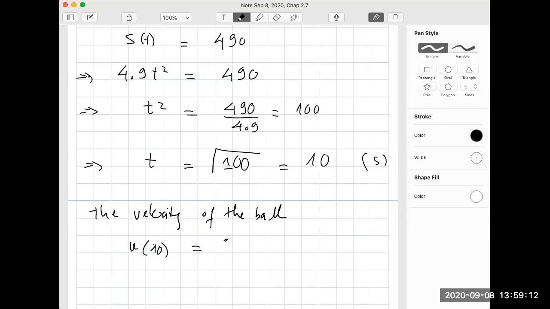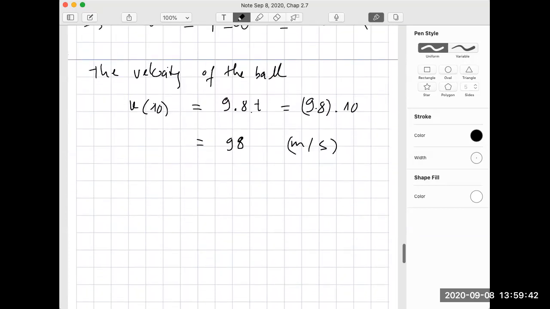From the previous result, it is 9.8 times t, which is 9.8 times 10, and it is 98 meters per second. Is it clear? Very good.